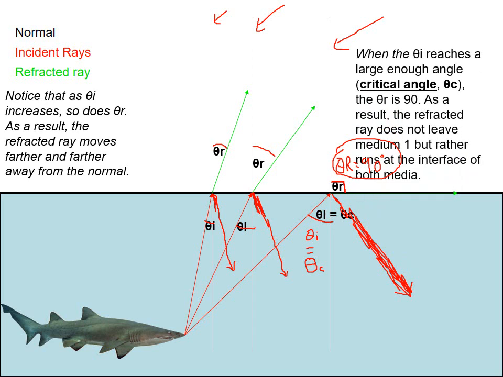Now, if you go beyond the critical angle, so let's say the critical angle was 25 degrees, and you go at 25.1 degrees, no more light will leave the water, no more light will even refract, all of it will be reflected. So at the critical angle, there's still refraction, it's just riding along the surface of water, it's 90 degree refraction. But once you go beyond that critical angle, even by 0.01, then all of it will be reflected within the first medium, and that's when you will have total internal reflection. So not at the critical angle, but above the critical angle.